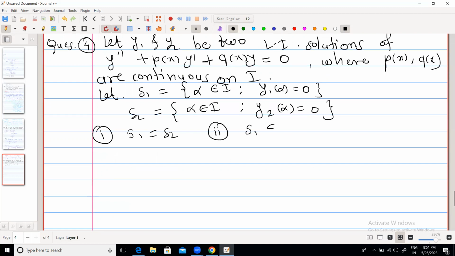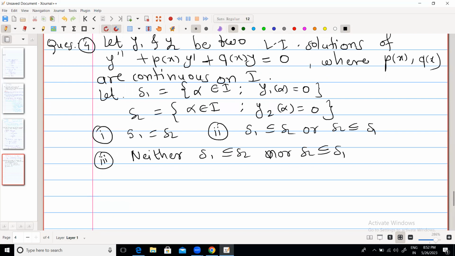Second, S1 is contained in S2 or S2 is contained in S1. Third, neither S1 is contained in S2 nor S2 is contained in S1. And fourth, S1 intersection S2 is empty.